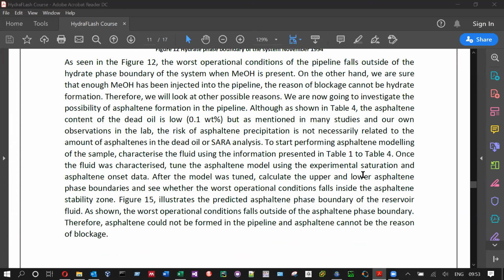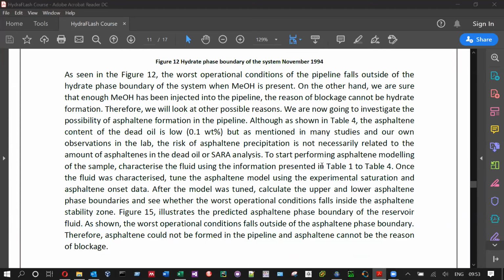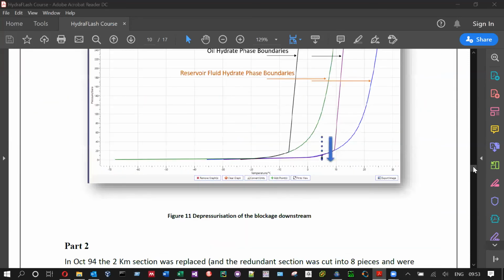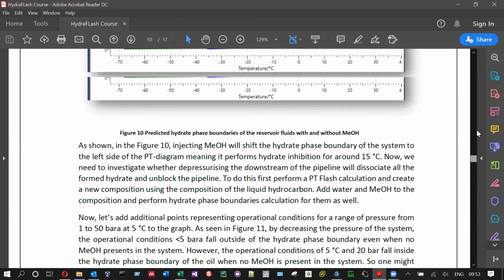So the worst condition is that the operational condition falls outside of the hydrate phase boundary of the system. On the other hand, we are sure that enough methanol has been injected into the pipeline. So we are now going to investigate the possibility of asphaltene formation in the pipeline. Although, as shown in table 4, let me go to table 4, at the beginning of the document.